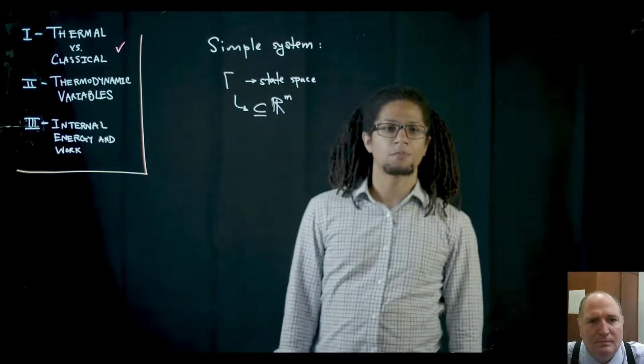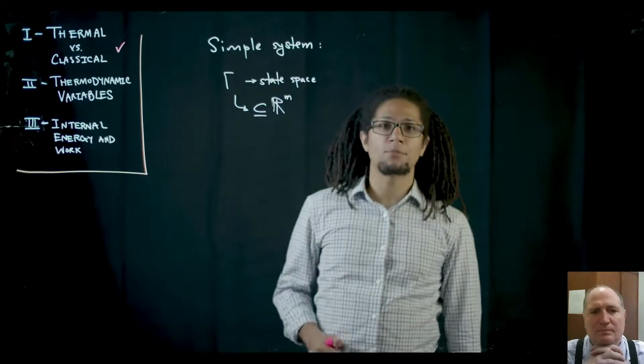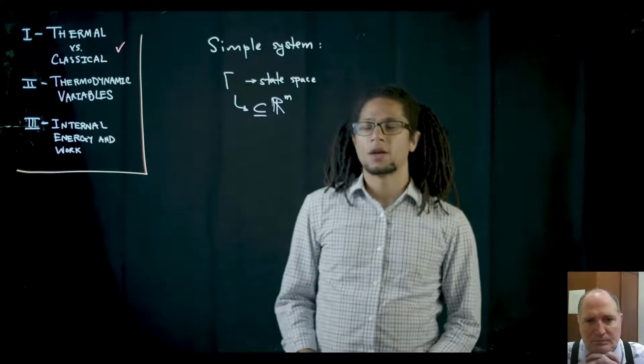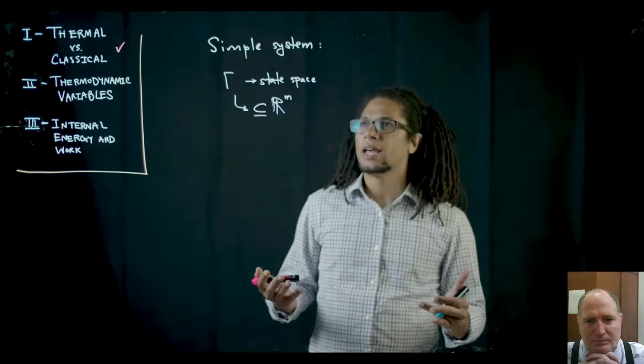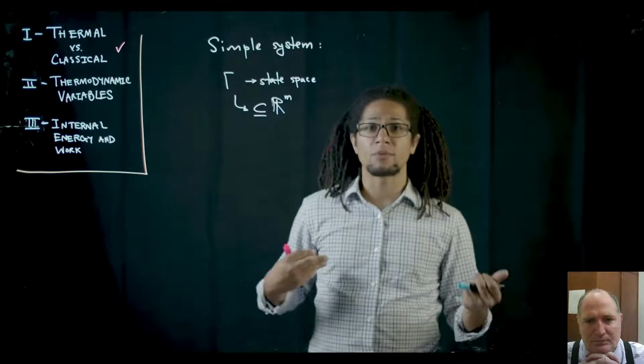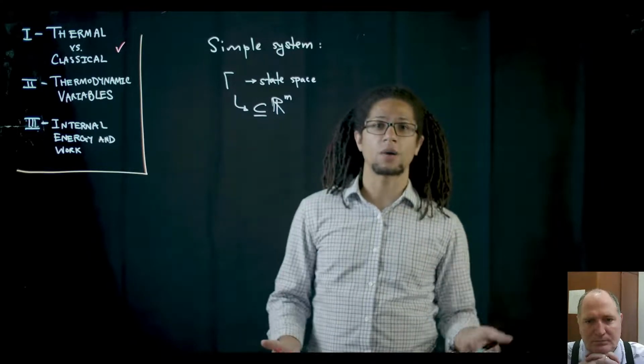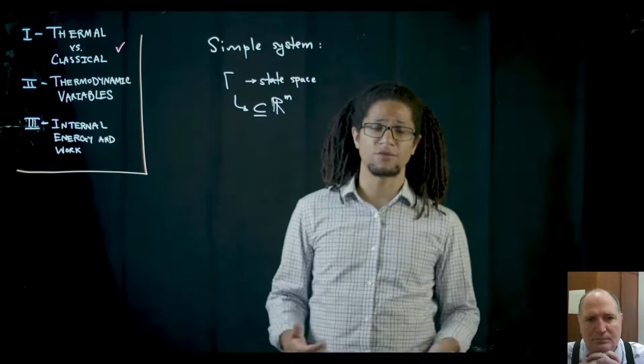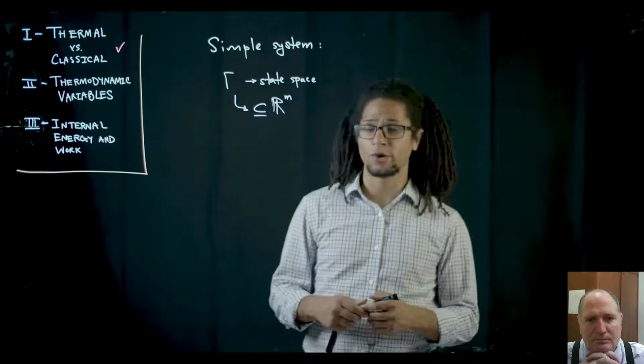Fair enough. That means that it can be described by M parameters. With that being said, we need to figure out what those M parameters are, and to do that, we need to talk about thermodynamic variables and the kinds of variables that we'll encounter in thermodynamics.